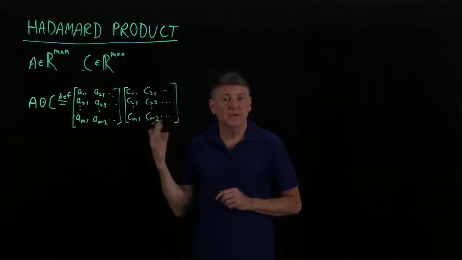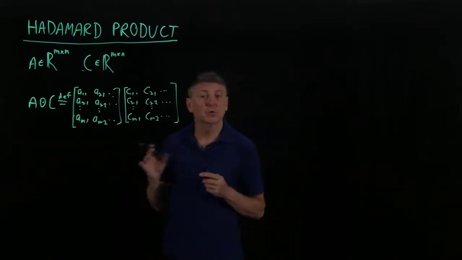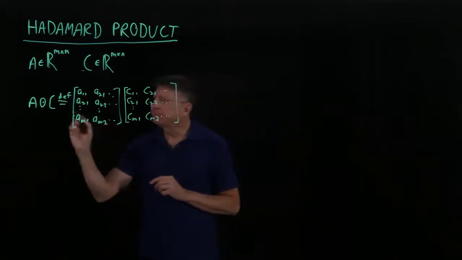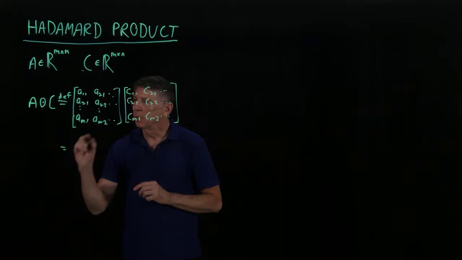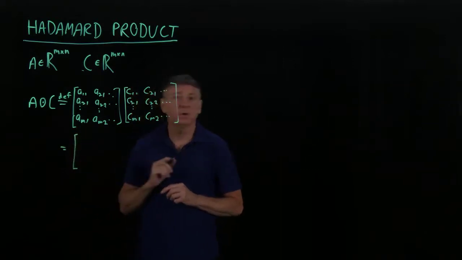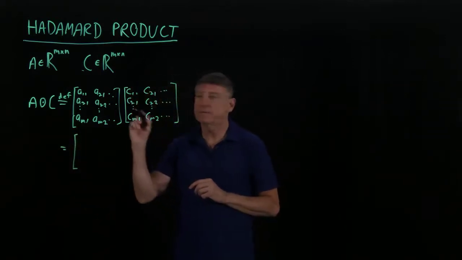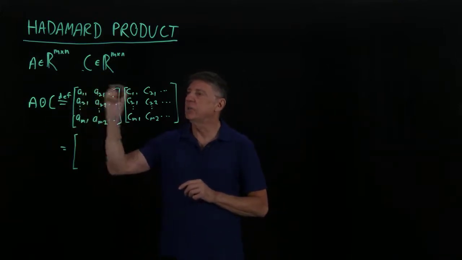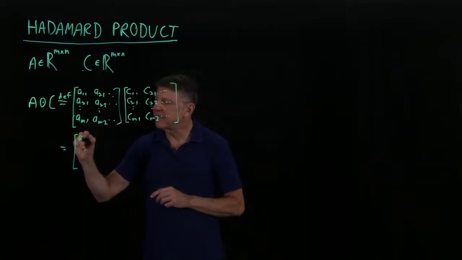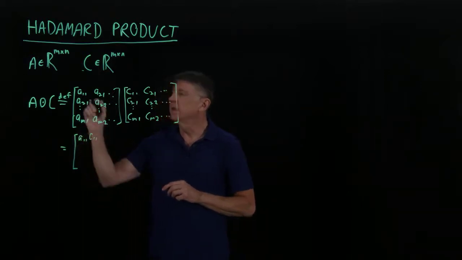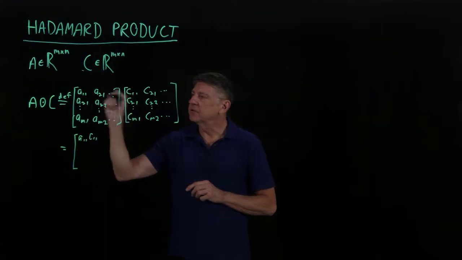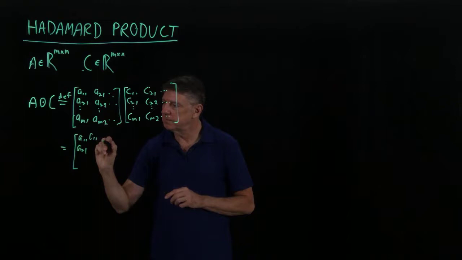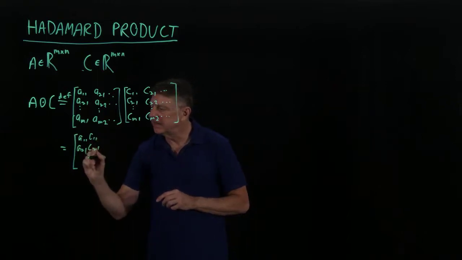The way that we compute the Hadamard product, also called the dot product or the entrywise product, is that we just multiply the corresponding entries of the matrices. So entry 11 of the Hadamard product is A11 times C11. The second entry in this column is A21 times C21, and so on.